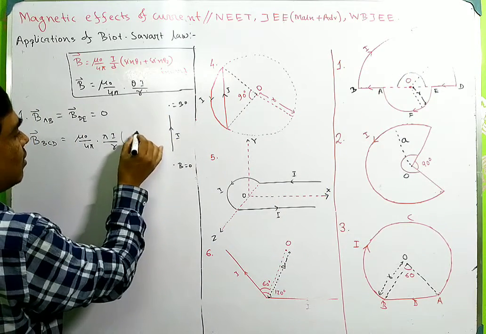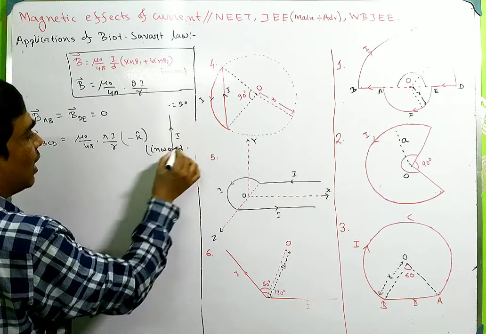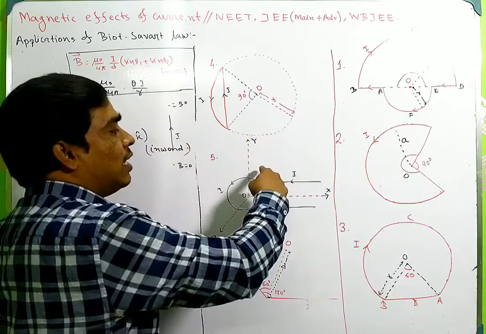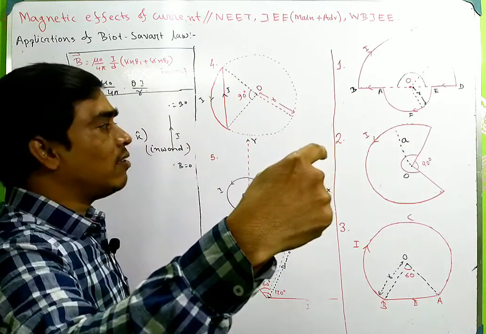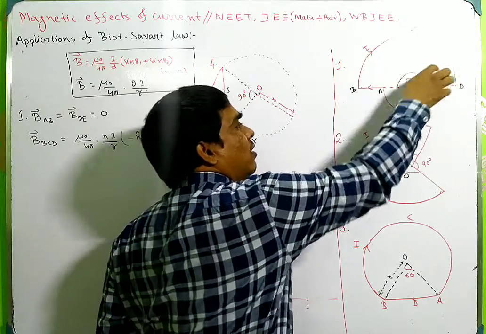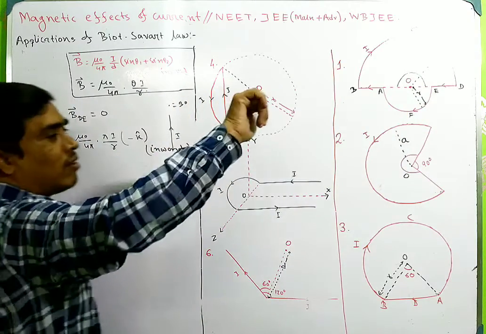If I take x-axis, y-axis, and along this the z-axis, then the direction of the magnetic field due to the larger circle is minus k cap, inward.